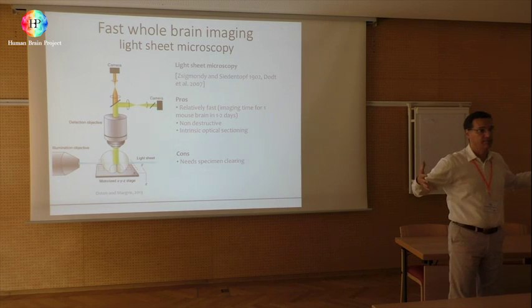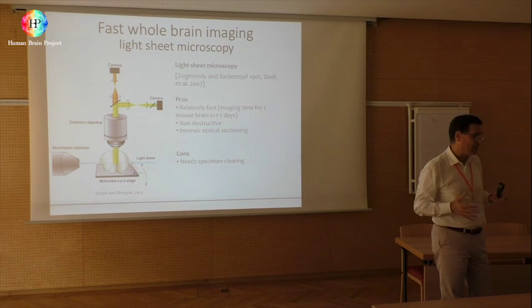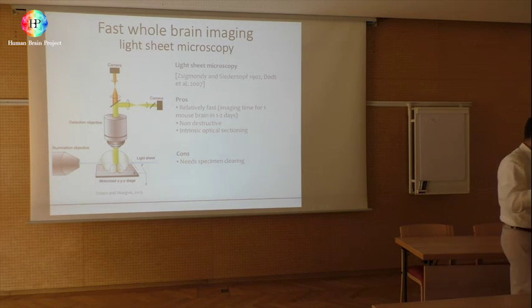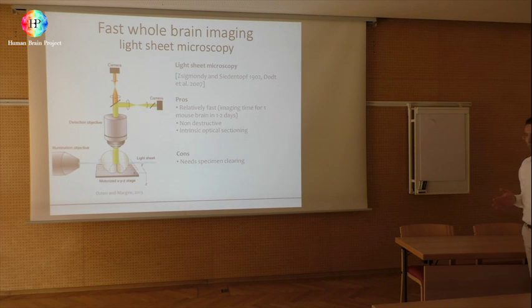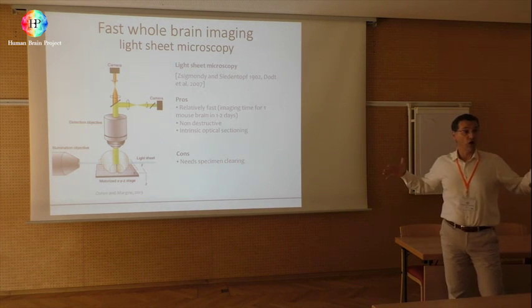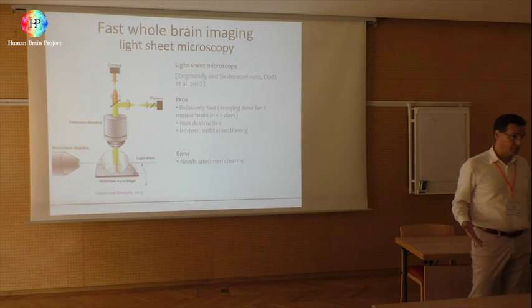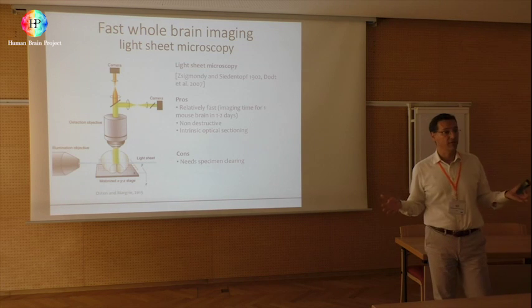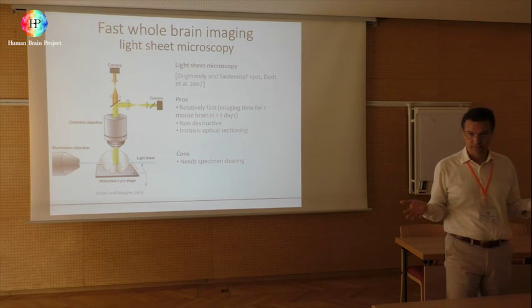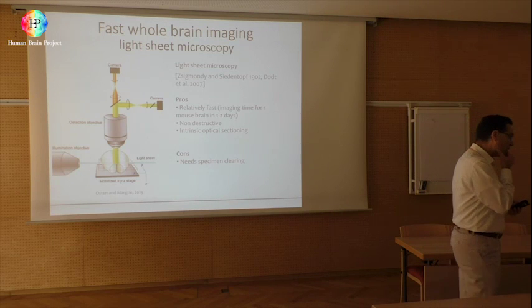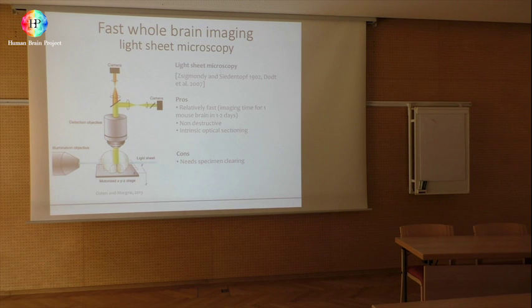Okay, only the hippocampus. Sometimes if you want higher resolution, it takes a few days also. If you want to do the whole brain, even with 2-photon microscopy, it takes 1 month. So it's too much. You need another technique, which maybe has the same resolution as 2-photon microscopy.